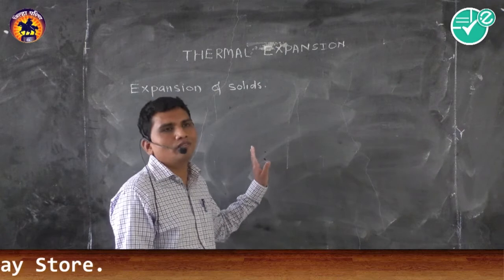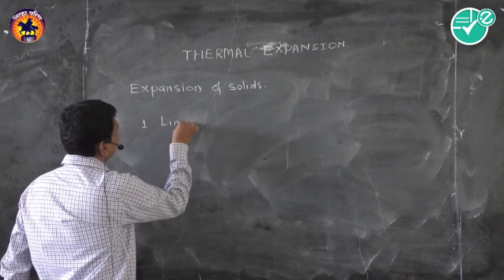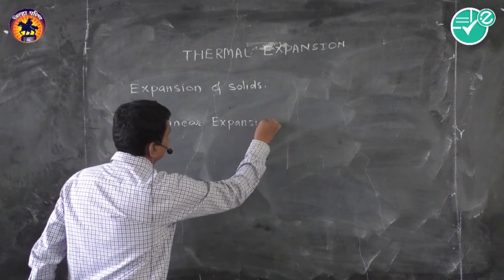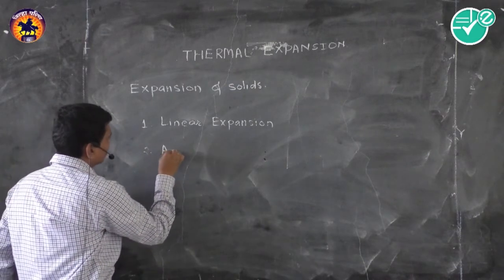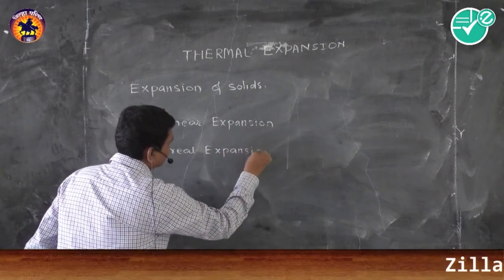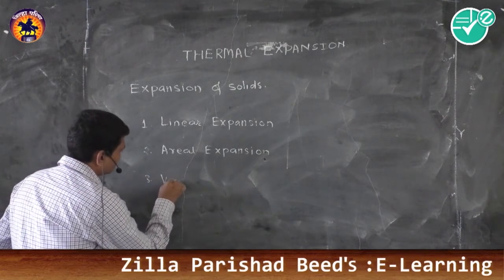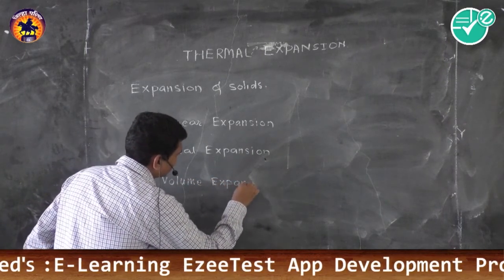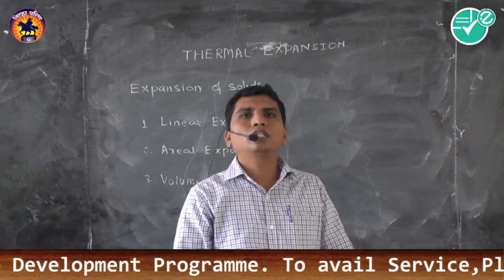So there are three types of expansion of solids: linear expansion, areal expansion, and volume expansion.